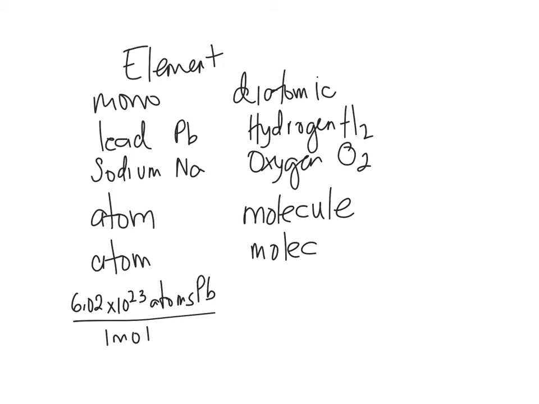So an example would be that we have 6.02 times 10 to the 23 molecules of H2 for every 1 mole. You okay with that? So monoatomic elements, everything other than the diatomics, are atoms. Diatomics are molecules, short form molec.